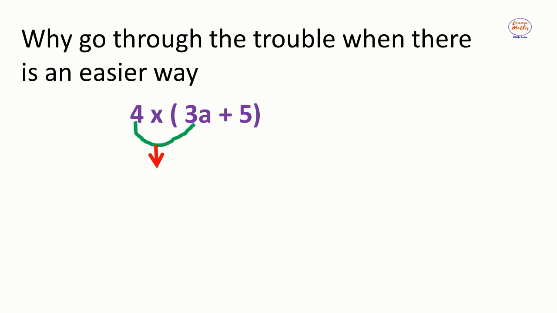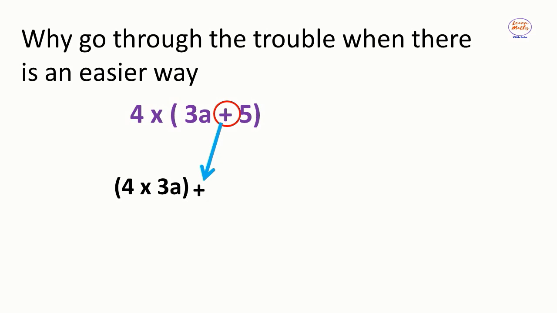So we have 4 and 3a. Like the arrow is showing, multiply 4 by 3a to have 4 times 3a. And then the next thing, remember that the sign in your brackets matters a lot, and like it's circled on your screen, you have an addition sign.